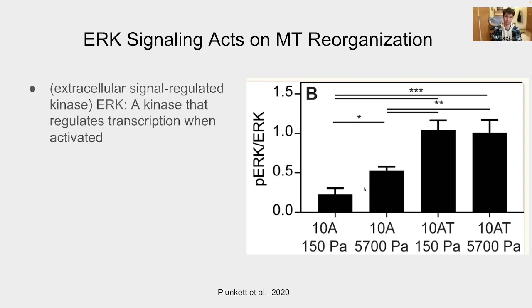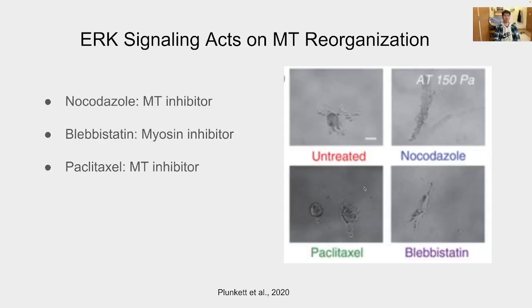As we can see with this quantification, its activity is very similar regardless of stiffness, but overall greatly higher than the normal cell line. They next wanted to see how ERK was affecting EMT, specifically cytoskeleton reorganization, and found that it acts on microtubule reorganization. They discovered this by treating the 10AT cell lines with either actin inhibiting drugs or microtubule inhibiting drugs, and found that only the microtubule reorganization inhibitors stopped EMT from occurring.